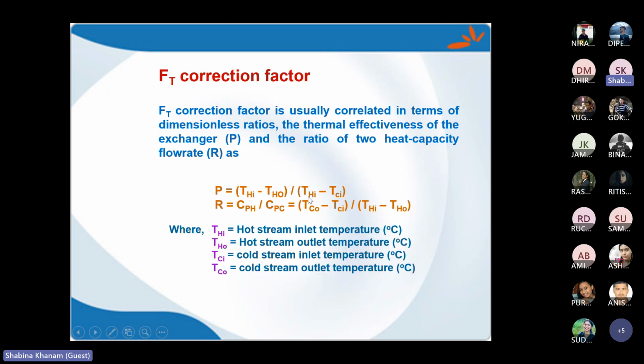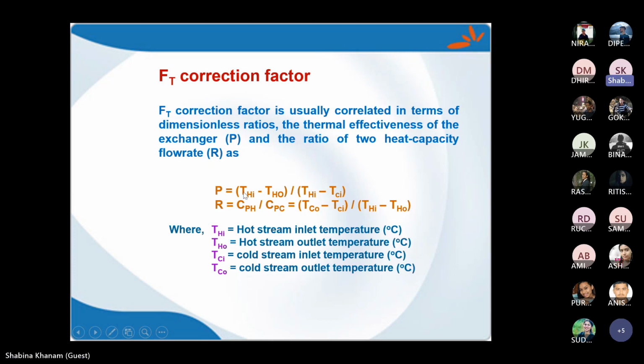This denominator is the maximum possible temperature difference available in a heat exchanger, because nothing can be more than THI and nothing can be less than TCI. I hope you understand my point. The numerator is the temperature difference of one fluid.